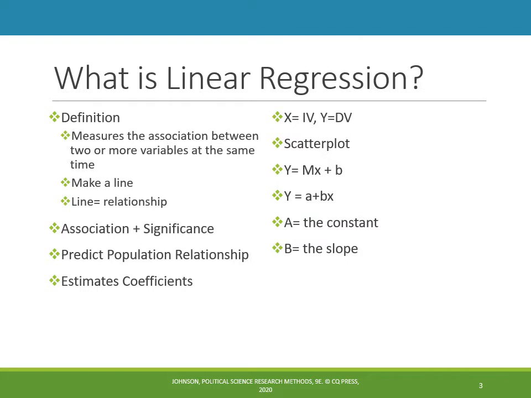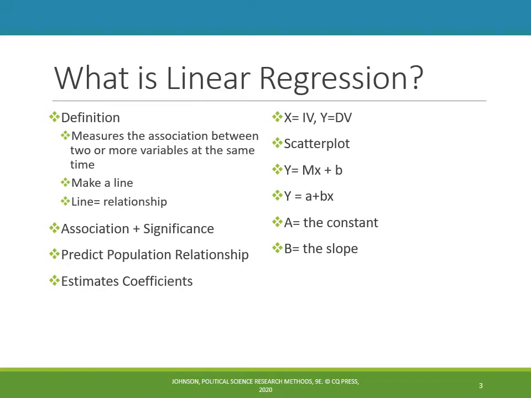If you have somebody's education and income, you would find that point for both of those on the horizontal and vertical axis where they would meet, and you would put a point there. So it uses that basic equation that you're used to seeing in middle school math, y equals mx plus b, and that generates the slope of a line, right? That's what we use that for.